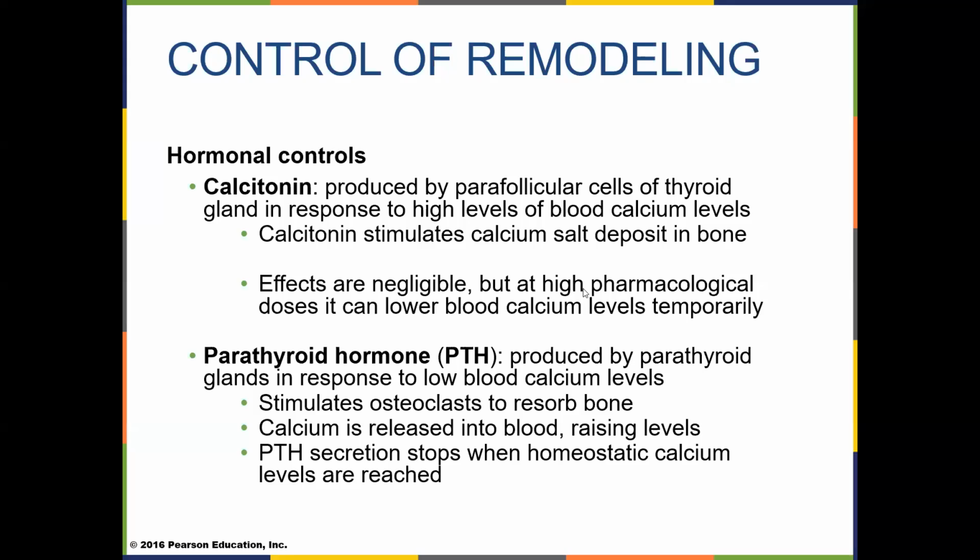And the thyroid gland, first of all, its primary role is to produce thyroid hormone, which controls all of our metabolic activity. You've heard of people that are hyperthyroid or hypothyroid, their thyroid's overactive, things like that.